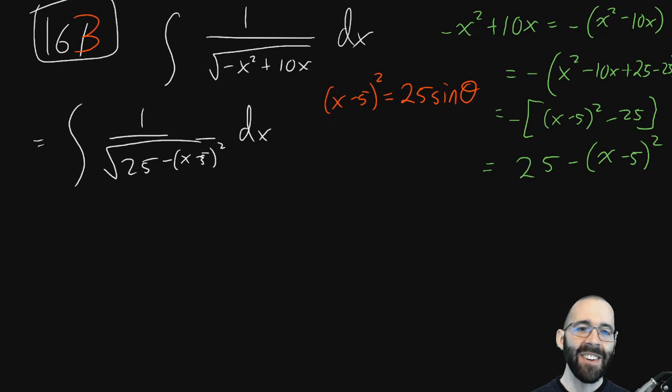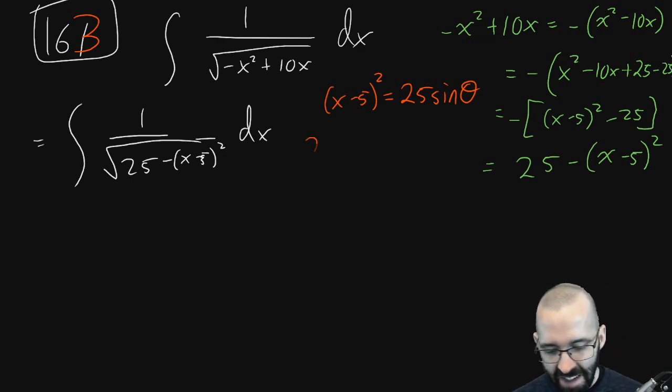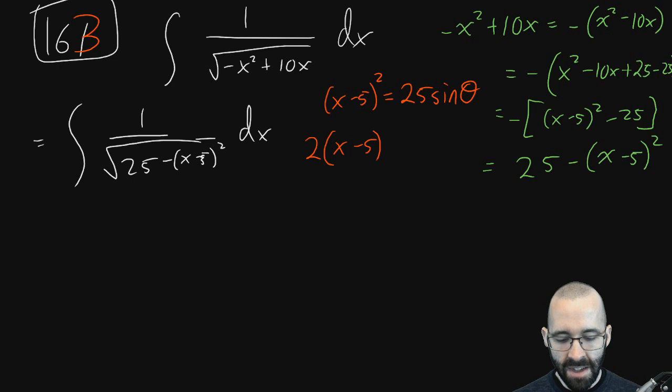Well, I actually haven't done one of these in a long, long time. So we can take the derivative of both sides with respect to x. Is that what we want to do, maybe? Let's try it. We don't want to FOIL this out. If we take the derivative of both sides with respect to x, we get 2 times x minus 5 times the derivative of the inside, which is 1.